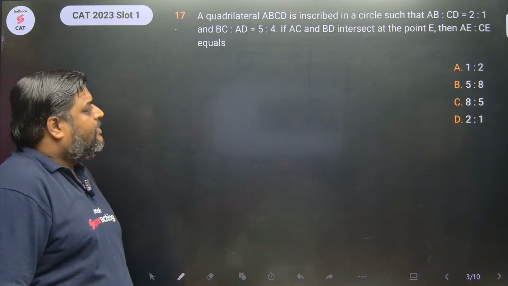The quadrilateral is A, B, C, D. AC and BD intersect at E.